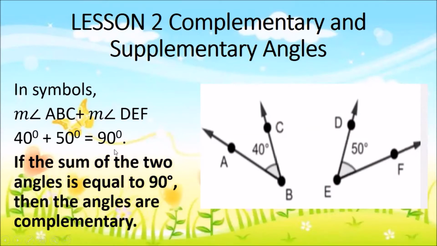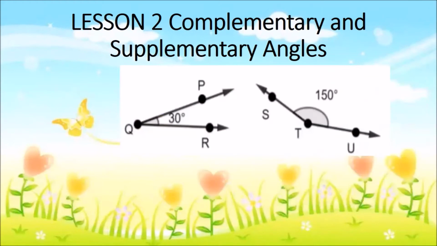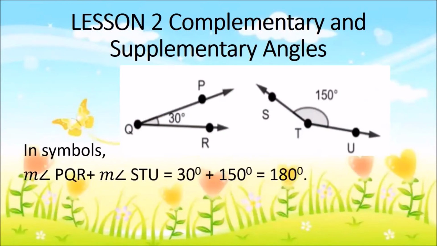If the sum of the two angles is equal to 90 degrees, then the pairs of angles are complementary. So kahit hindi sila magkadikit, once their sum is 90, we can consider the pair given as complementary.